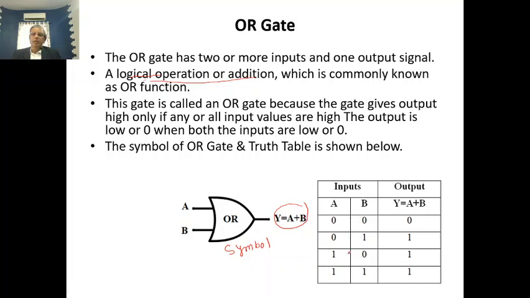Now for this, if any one input is high, here B is high, here A is high, for this condition, and when both inputs are high, at that time output is 1. This is the truth table for the OR gate, and the logic expression is y equal to A plus B.